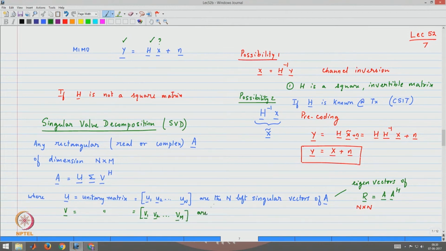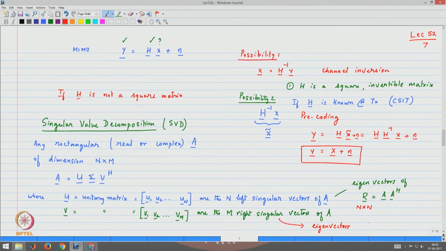These are the m right singular vectors of A, and like before, we can relate these to the eigenvectors of a positive semi-definite matrix.